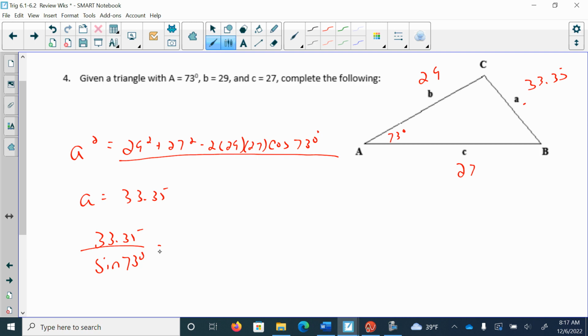So 29 over the sine of B degrees. And when I do this, B ends up equaling 56.27 degrees. And then finally, I'm going to take 180 minus 73 minus 56.27. And when I do that, I get 50.73.